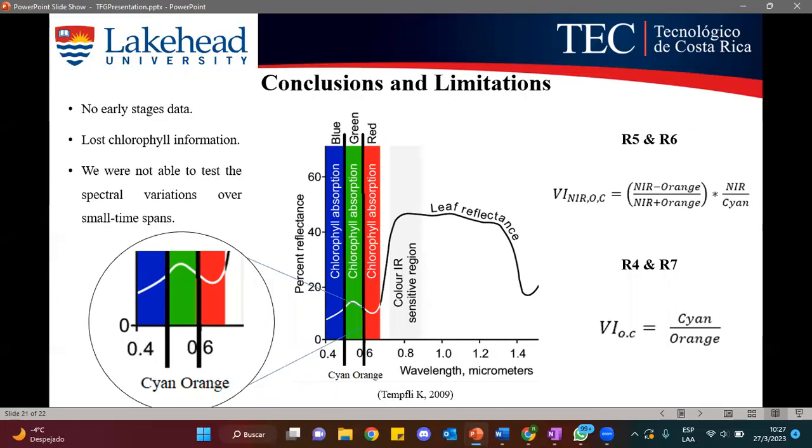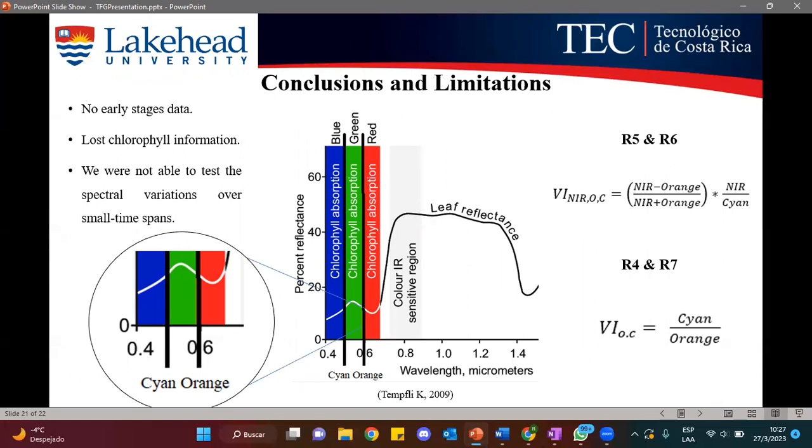So now, talking about the conclusions and limitations, first, we didn't have early stage data, so early stages could not be studied. The initial plan was to use chlorophyll information to come up with these vegetation indexes, but the information was lost.